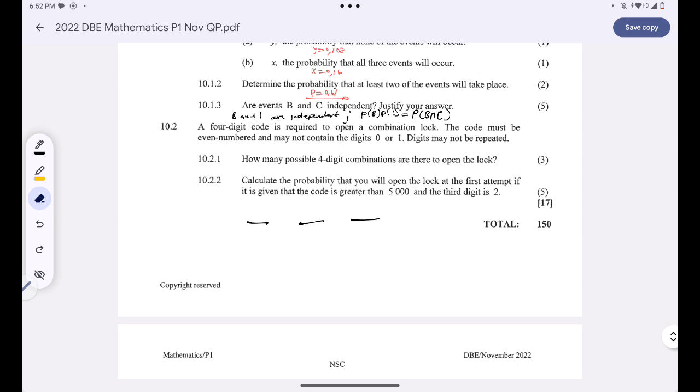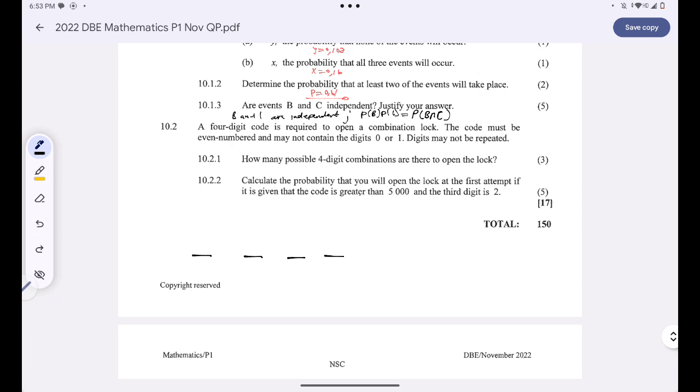So since the code is even numbered, né, it simply means that it must be divisible by 2. And for any number to be an even number, the number which is at the end should be the one which is divisible by 2.